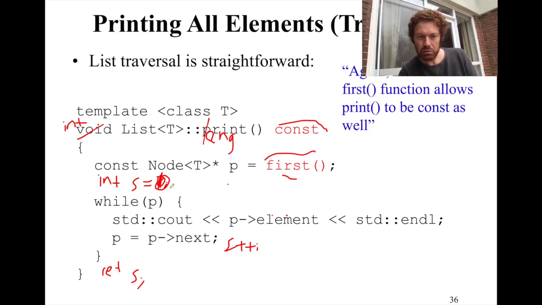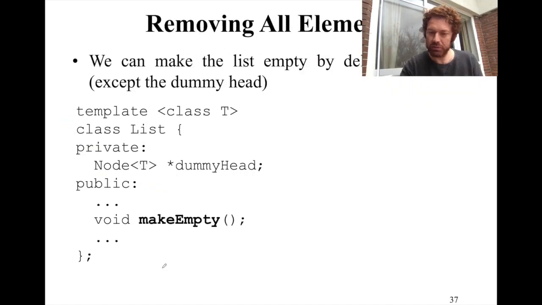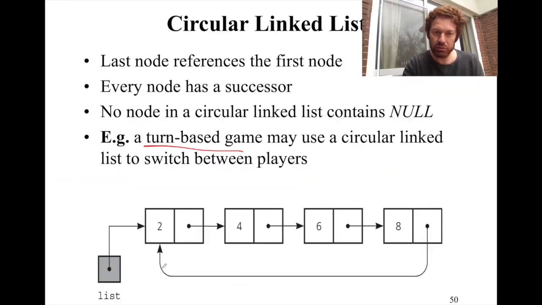If I have the second element, s becomes 2, etc. If I don't even have the first element, then s is 0. So assume that I am given an empty linked list. Then p would be null, so I won't be entering here. So I will be returning 0, which makes sense. So okay, we have implemented the length function.